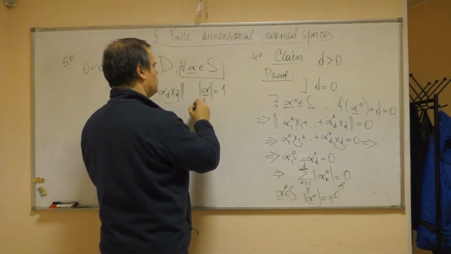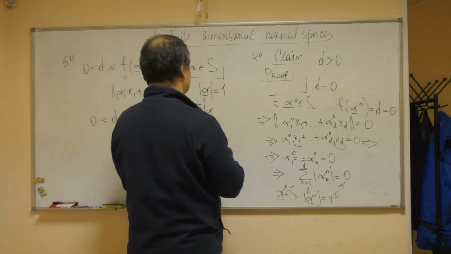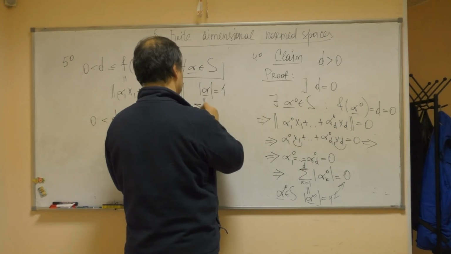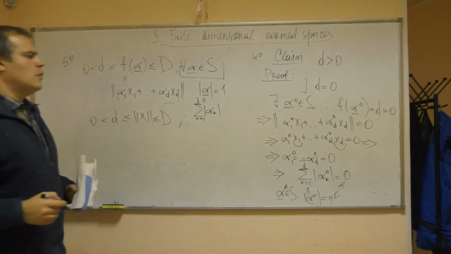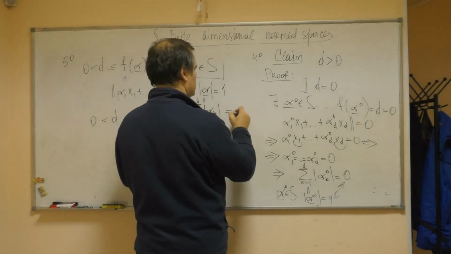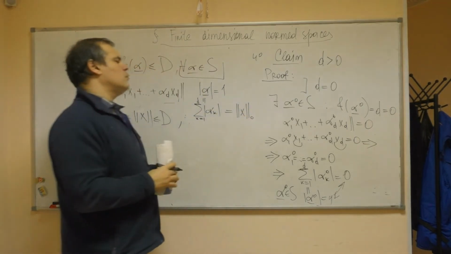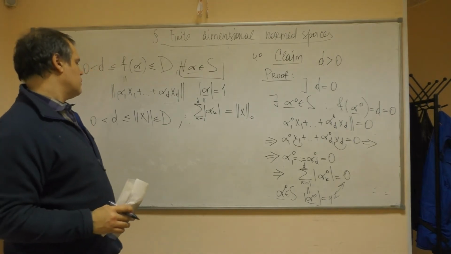But norm of alpha is sum of absolute values of coefficients. And it is exactly equal to 0 norm of x.